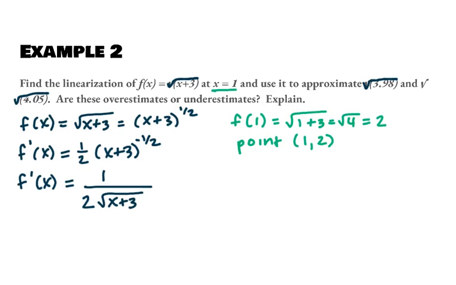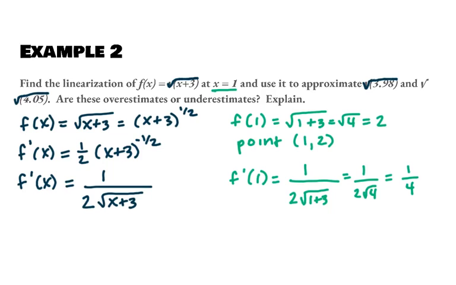Then I can come over here and actually find the slope at the point we're using, which is 1, which is nice and easy. Okay, so that's going to give me 1 over 2 root 4, which is just 1 over 2 times 2, which is 1/4. So now we have a slope of 1/4.